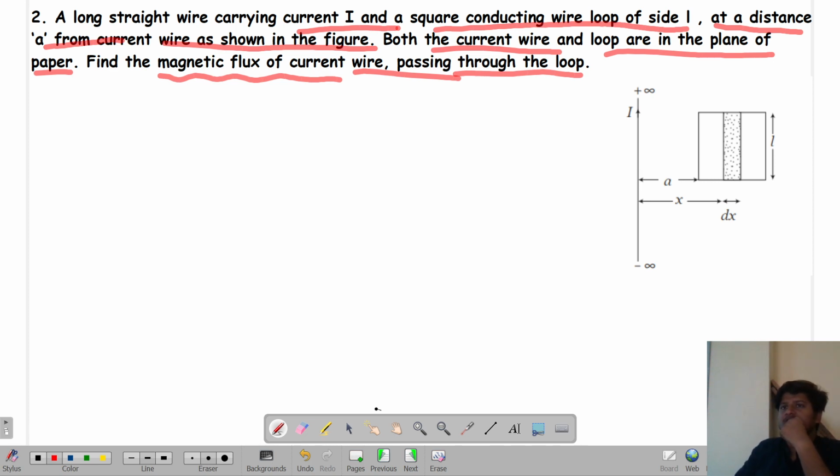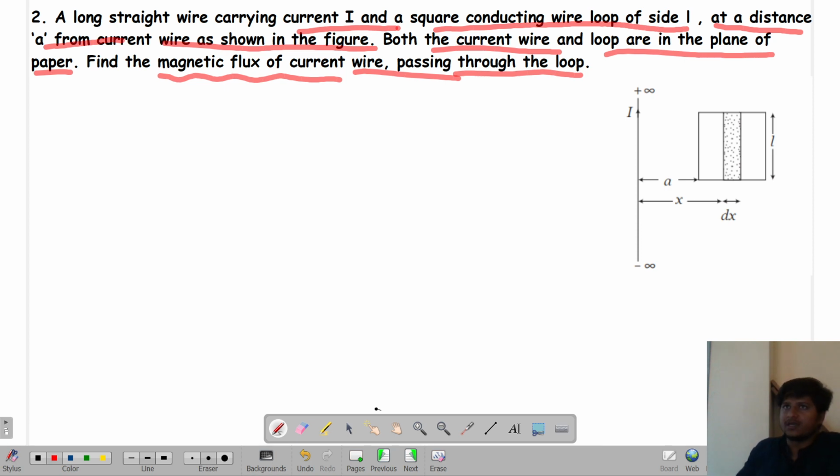Harshita, how to solve this problem? Logic. For any kind of square plate, any kind of thing, how do you calculate the magnetic flux, electric flux?